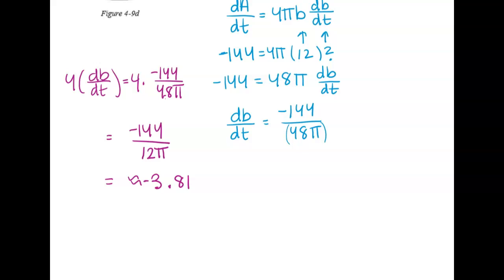negative 3.81972. I'm just going to keep 4 or 5 decimal places, mostly because the rounding gets weird, so 819 with a 7 after it, so I'm going to avoid that issue and keep them all.